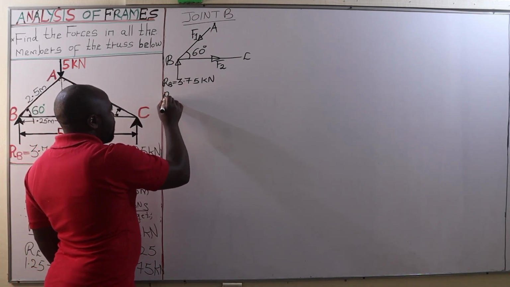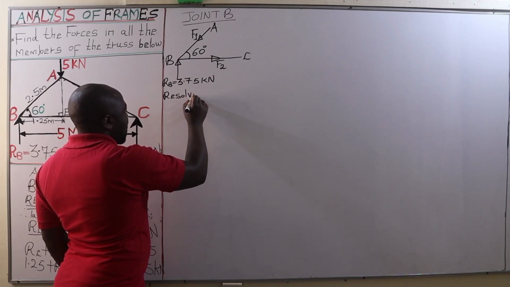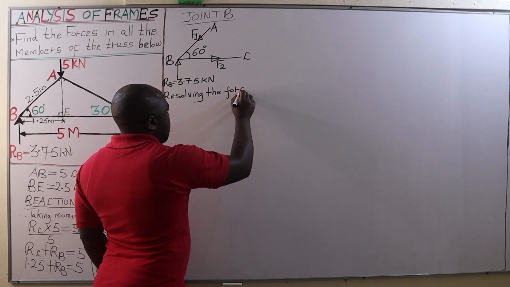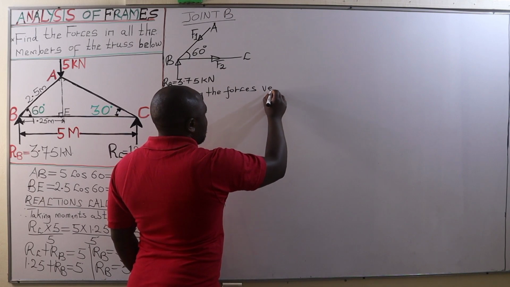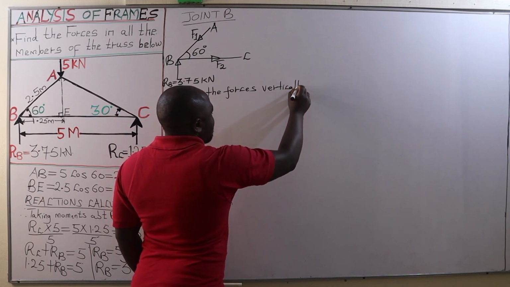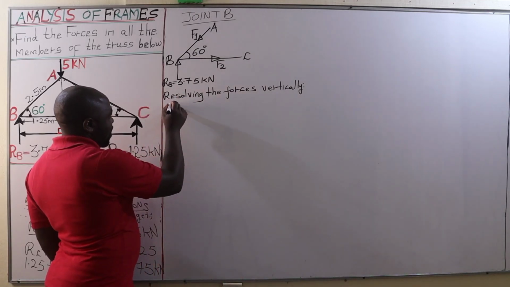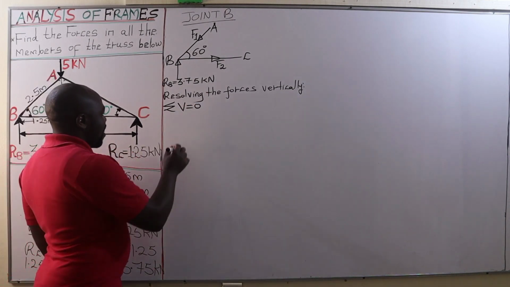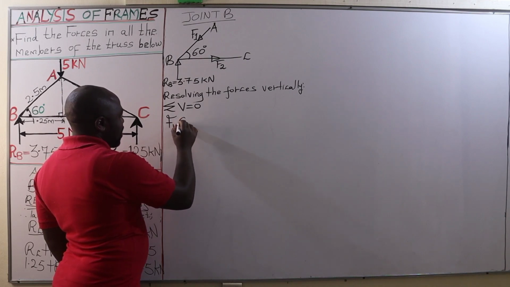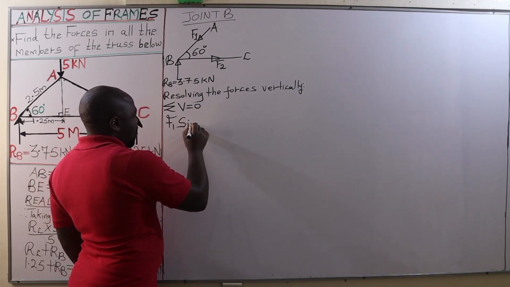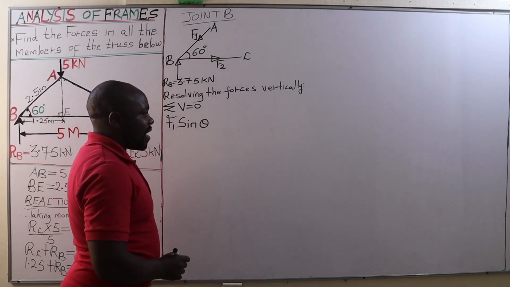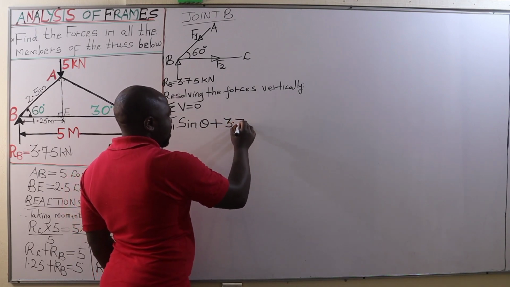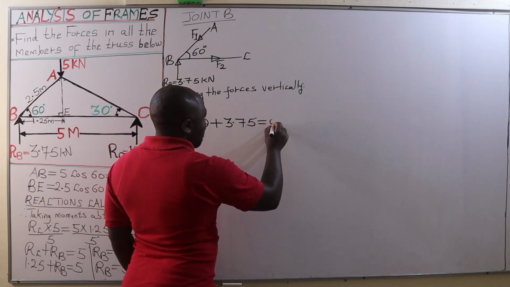Now, resolving forces vertically, applying this principle of summation of all the vertical forces to be 0, we are going to have F1 sine theta plus the reaction at B, which is 3.75 kilonewtons, equal to 0.